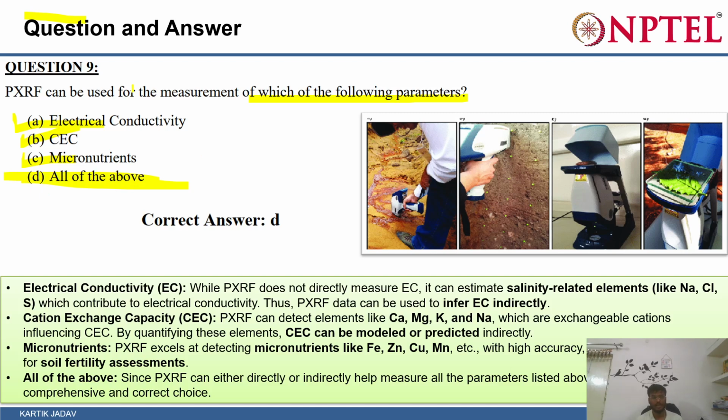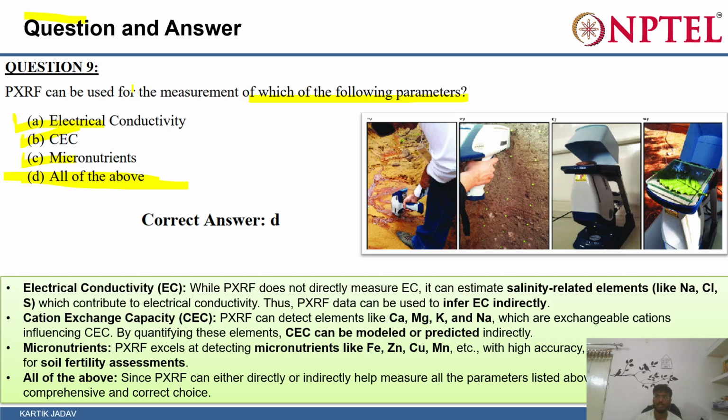Electrical conductivity is generally not directly measured, but we can estimate it from salinity-related elements like sodium, fluorine, and sulfur, which contribute to electrical conductivity. Cation exchange capacity is estimated by measuring elements like calcium, magnesium, and sodium, which are exchangeable cations.